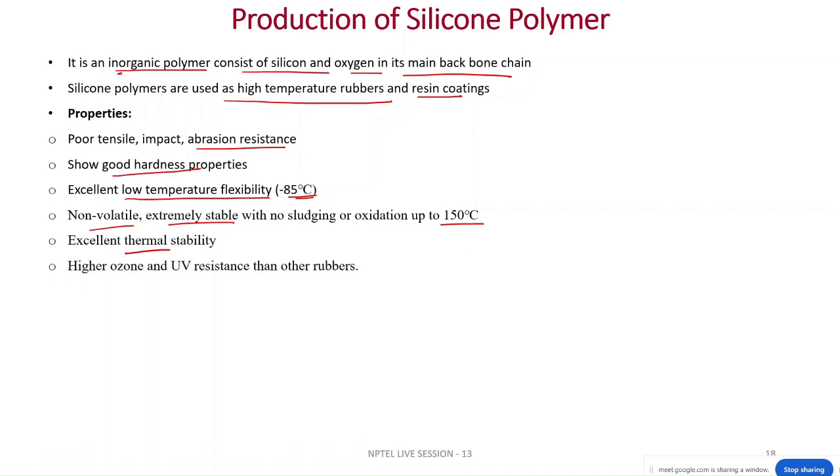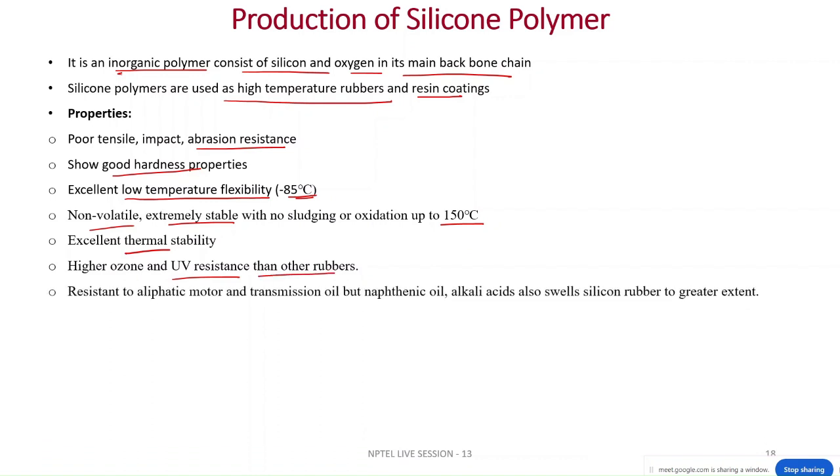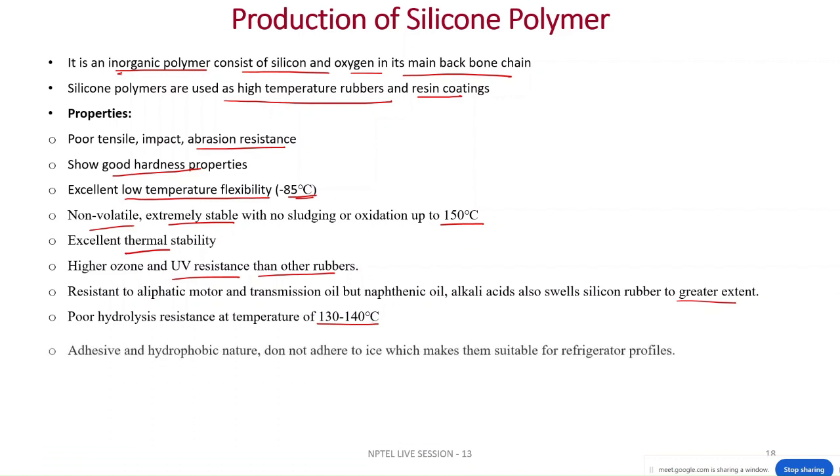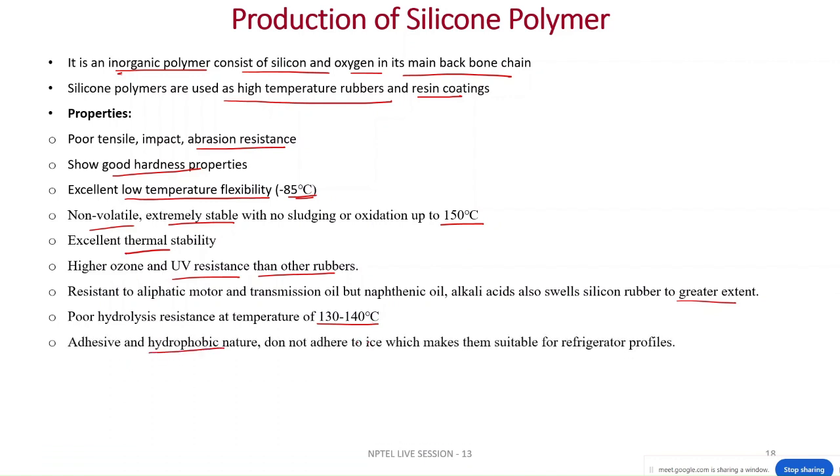They have higher ozone and ultraviolet resistance than other rubbers, and resistance to aliphatic motor and transmission oil, but naphthenic oil, alkali and acid swell silicone rubber to a greater extent. Hydrolysis resistance is up to 130 to 140 degrees Celsius, and they have a hydrophobic nature.